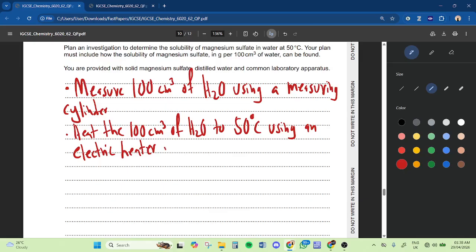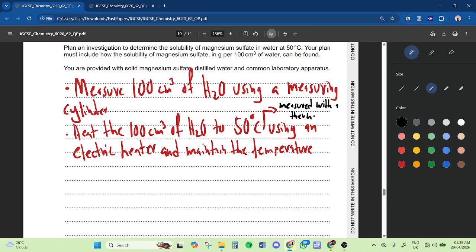Using an electric heater and maintain the temperature. Over here, you can mention measured with a thermometer. All these things that might seem obvious to you, as long as you flag post them, you'll be fine in the exam.